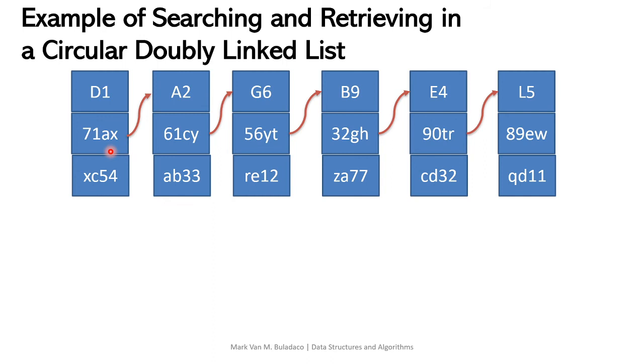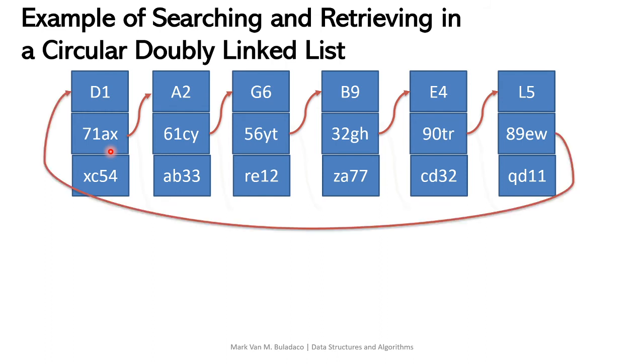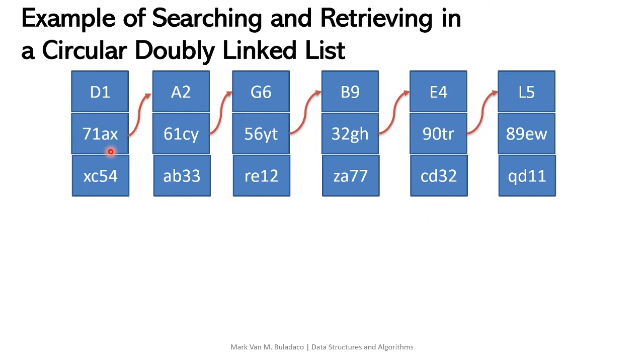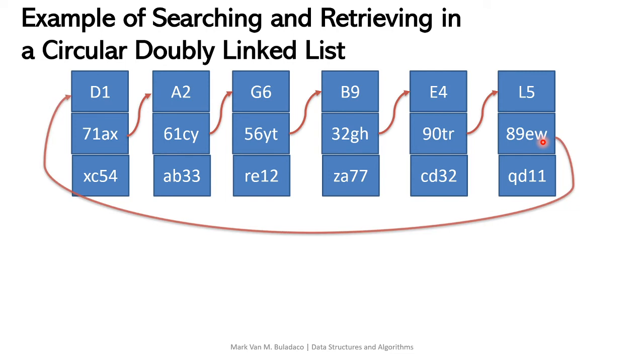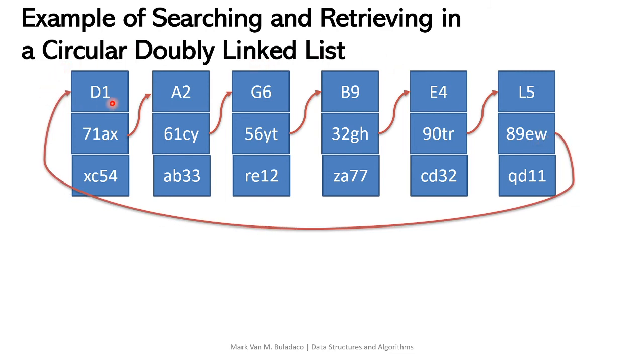Okay, so that is for the next field. And then again, itong next ng tail node is referring to the info of the head node. Ito, this is the head node.